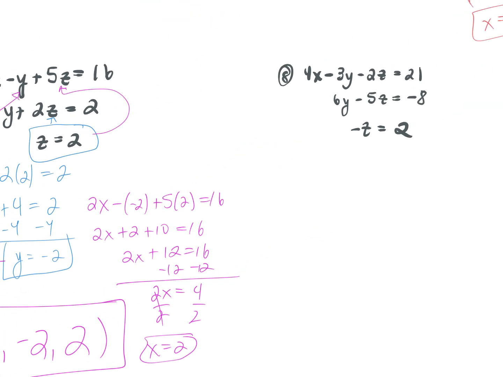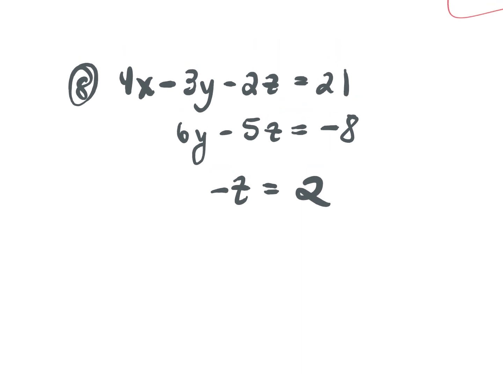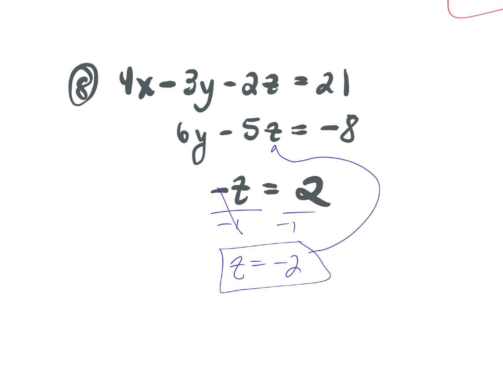All right, let's look at the last one. Do I have z completely by itself? No, it's close, but I have to get it all by itself, so I'm going to divide both sides by negative 1. So z equals negative 2. Take that z, plug it in right there.